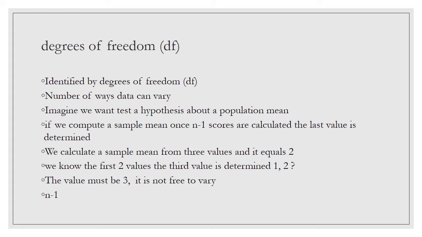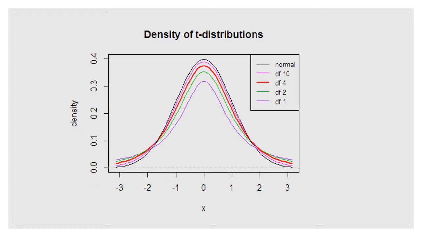So when we conduct a hypothesis test on a population mean, by calculating the sample mean to represent the population mean, we have to calculate one thing. And by calculating that one thing, the sample mean, we have n-1 things that are free to vary.